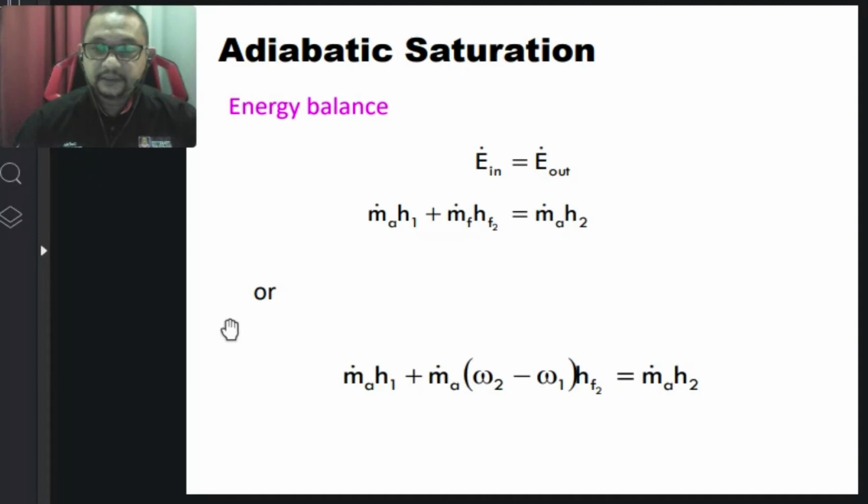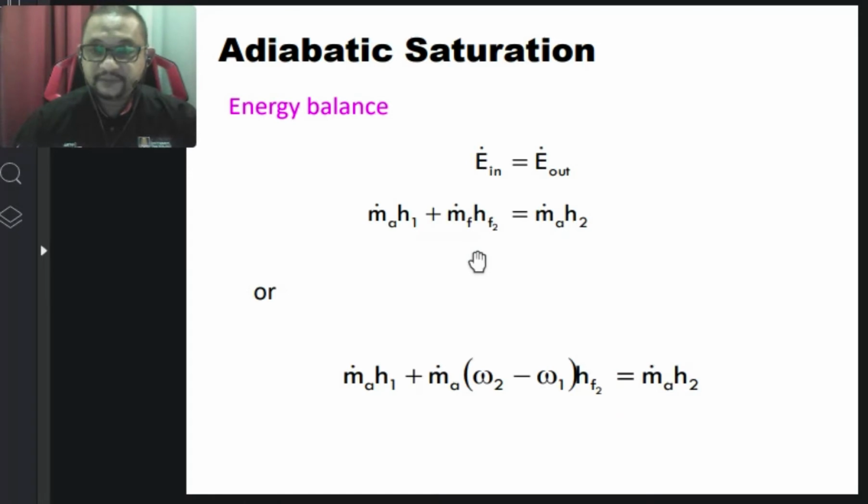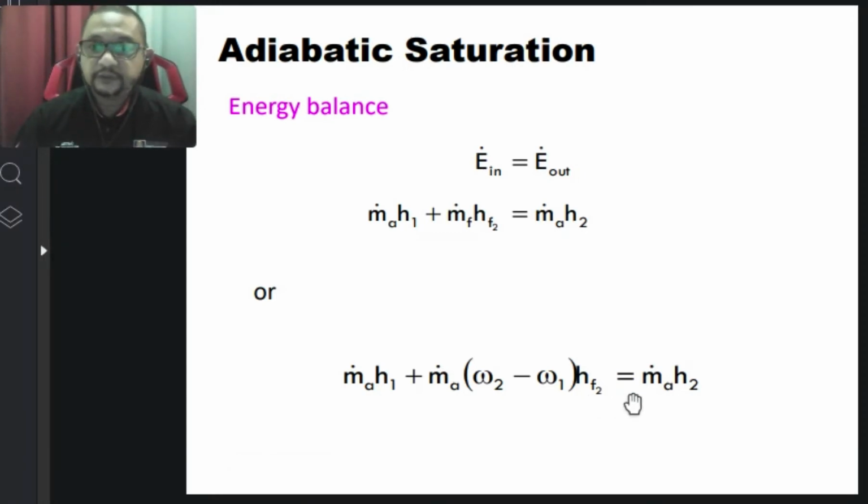Then we put in the m dot f that has been defined previously, and it becomes m dot a h1 plus m dot a times (omega 2 minus omega 1) times hf2, and this is equal to m dot a h2. h2 is the enthalpy at point number 2.